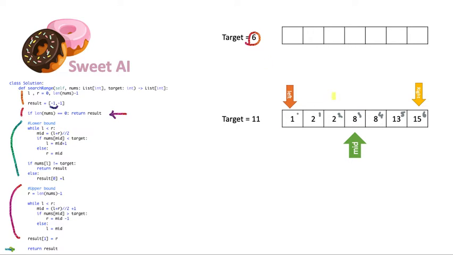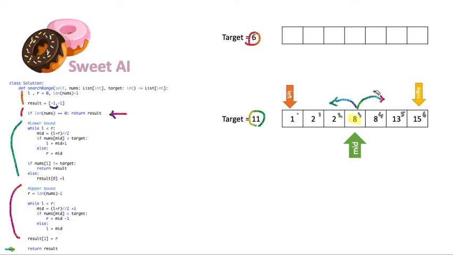We check the value at mid, and if it is bigger than the target value, we are going to move to the left side of the array. And if it is smaller than the target value, we are going to move to the right side of the array.